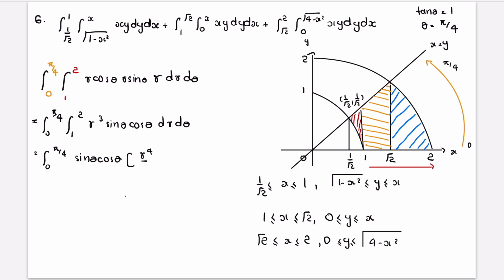So when we integrate r cubed, we will get r to the fourth by 4, the range is from 1 to 2, d theta. So when we solve that, 2 power 4 is 16, minus 1 power 4 is 1, so it is 15 by 4.